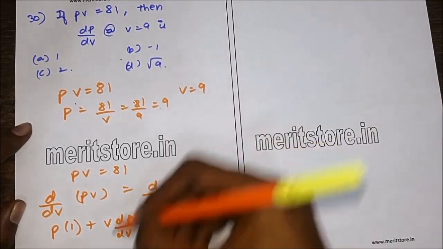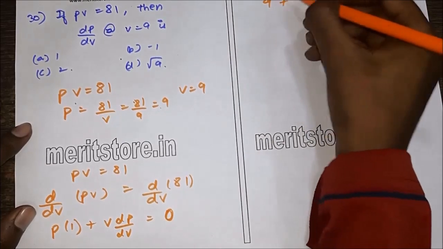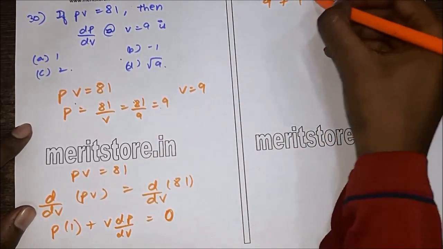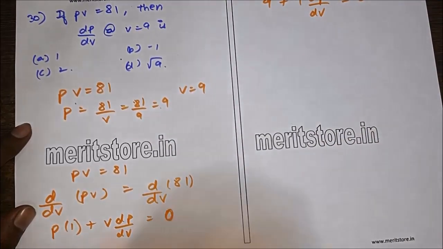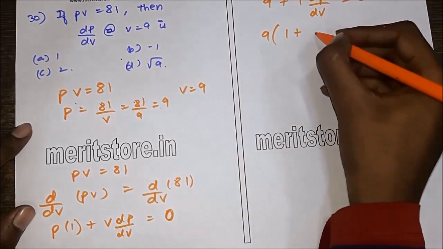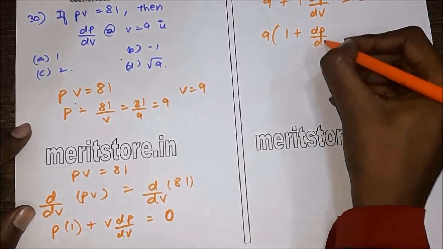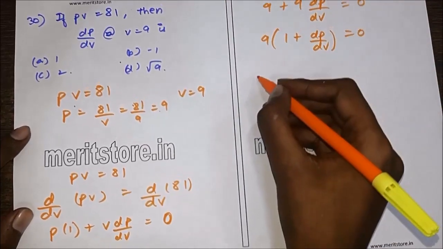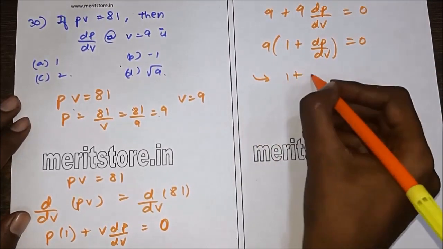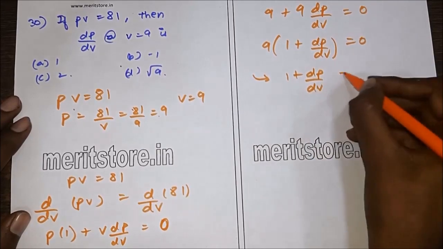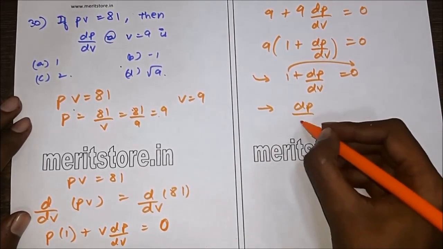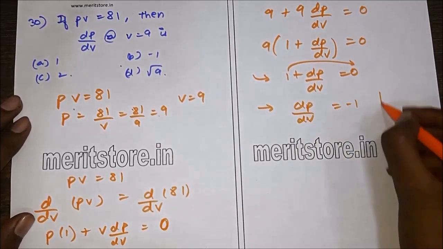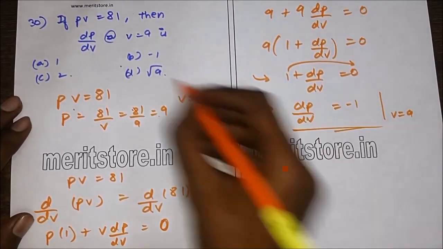Now p is 9, so this is 9 plus v, which is also 9, into dp by dv equals 0. So we take 9 common, so we have 1 plus dp by dv equals 0. So we take this to the RHS, we have dp by dv is equal to minus 1 for v equal to 9. So the answer is b minus 1.